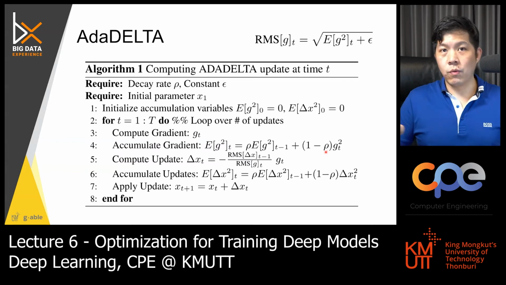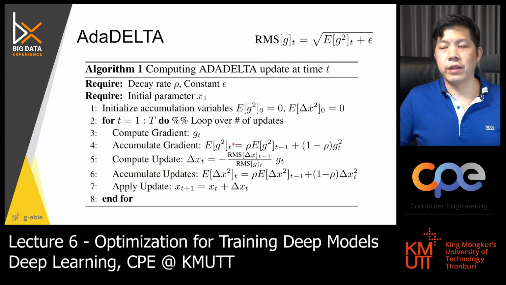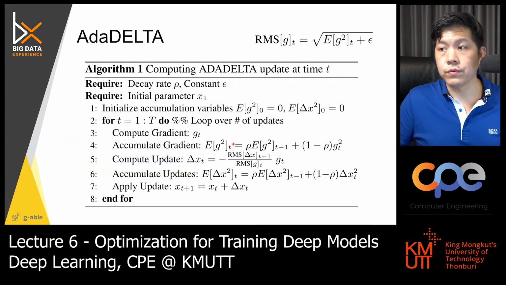Rho and 1 minus rho work as the adjustment, the decay rate, how fast you want it to decay. In terms of exponential smoothing, it is just how much you want to take the previous value.